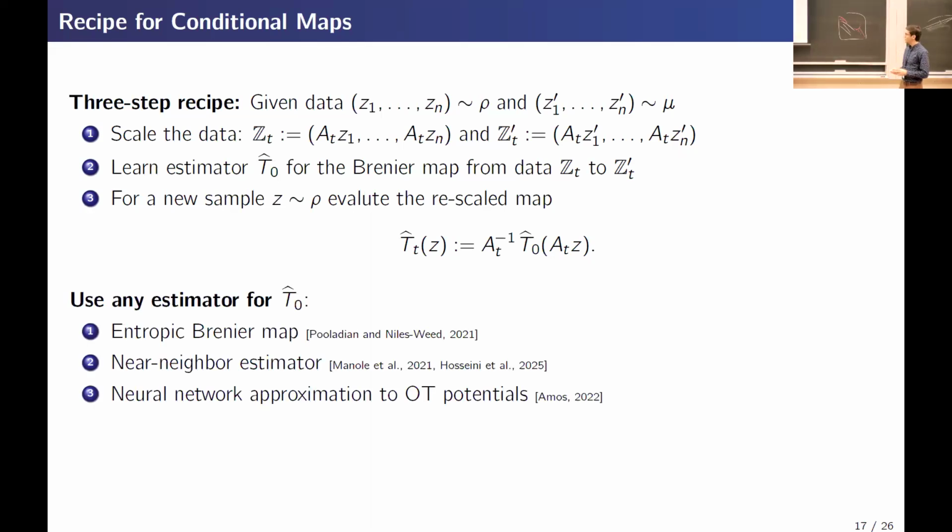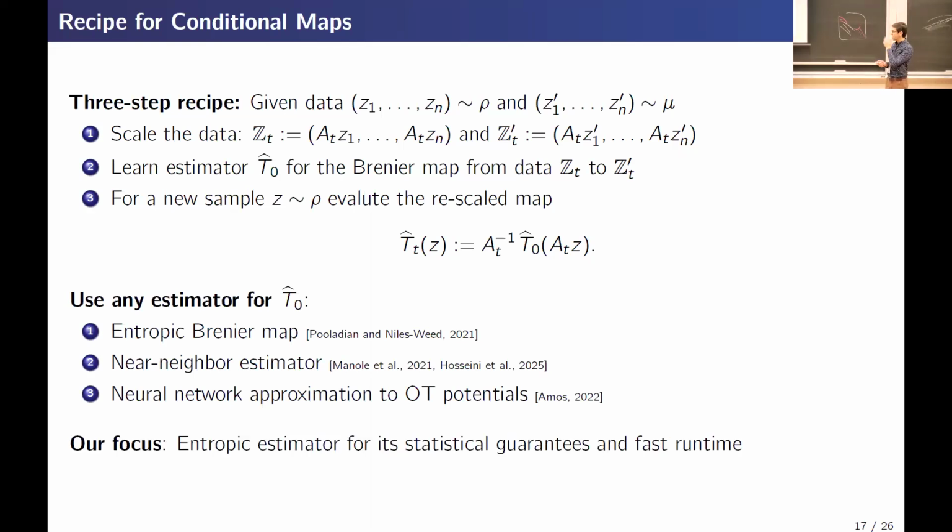And you can use any estimator here, like the entropic estimator for T_0, nearest neighbor estimators like the ones that Tudor talked about on Wednesday, even neural network-based OT approximations. Again, our focus is going to be on the entropic estimator.